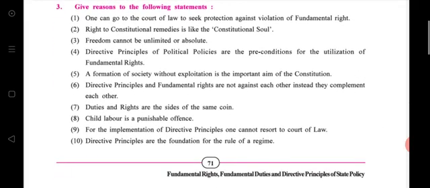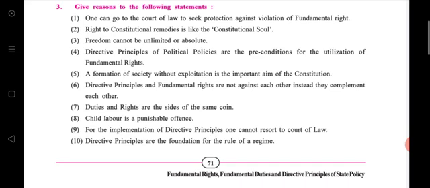Then give the reason. Mostly reason statements number 2, 3, 5, 7 and 10 are important. Remaining are also important, but these are most important. So 2nd, 3rd, then 7, 8, then 5 and 10 are more important.